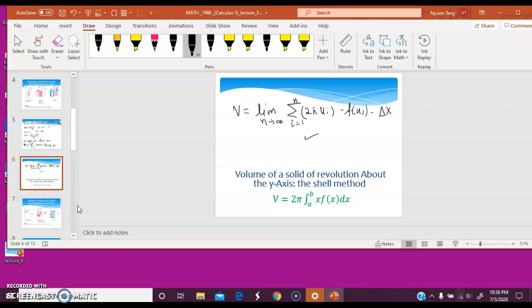When we take the limit of a Riemann sum, we get an integral.